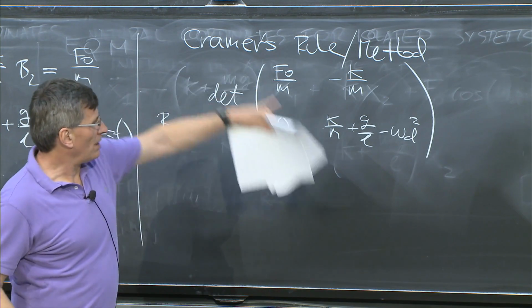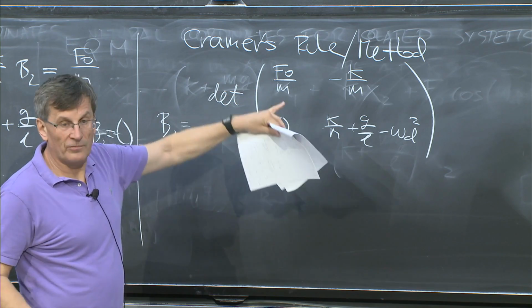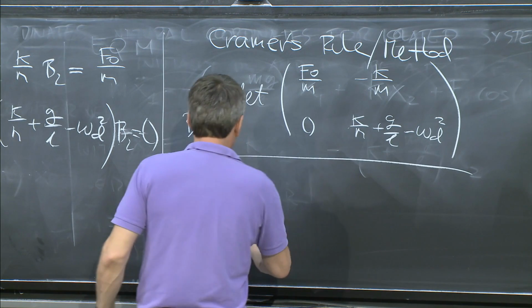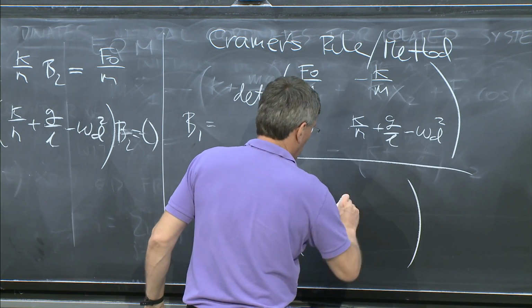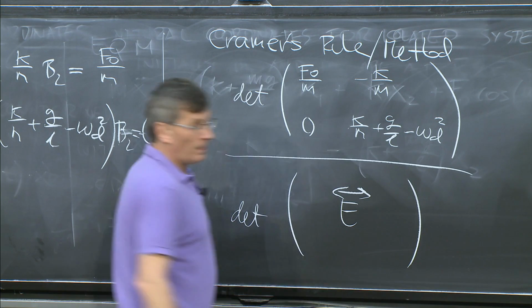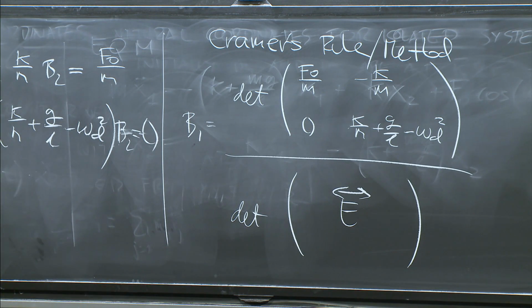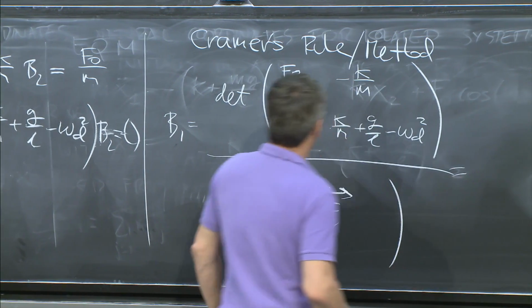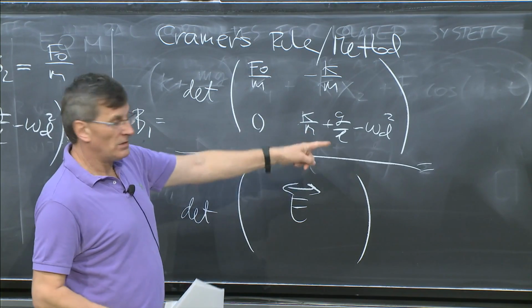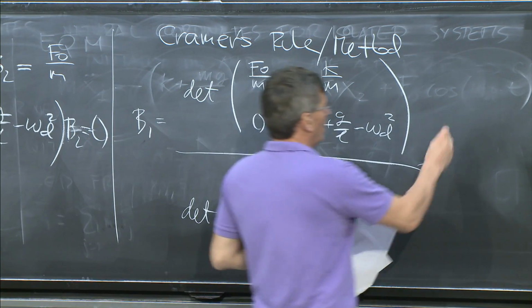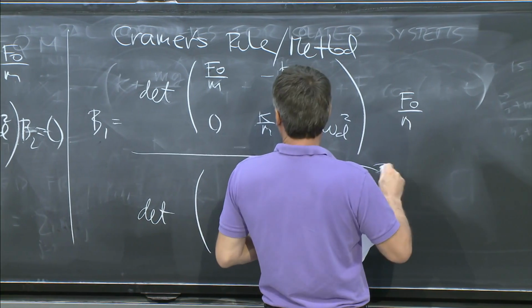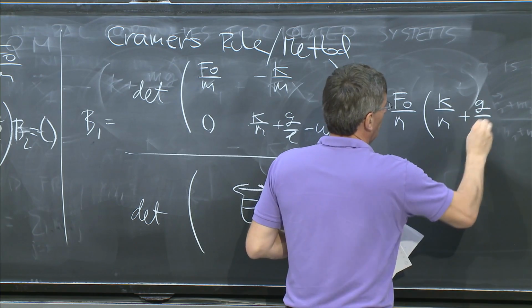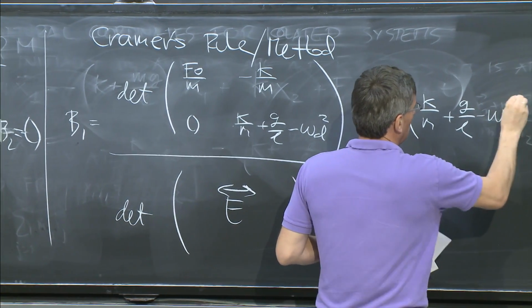So you calculate the determinant of this thing, the original matrix with the first column replaced, and you divide it by the determinant of the original matrix. Let's call it E. Right? So you calculate this determinant again for the frequency omega D. This determinant is easy. It's just this times that. So I have F0 over M multiplying K over M plus G over L minus omega D squared.